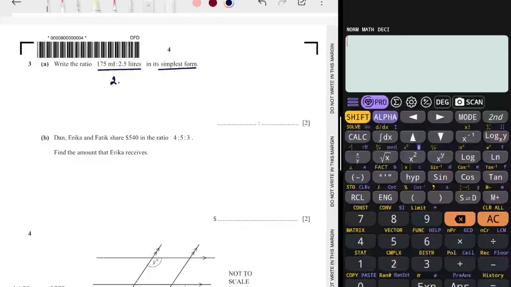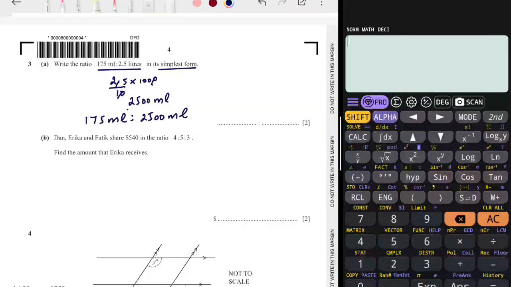So 2.5 times 1000, we have to remove the decimal, it will be 2500 milliliters. Now 175 milliliters ratio 2500 milliliters.